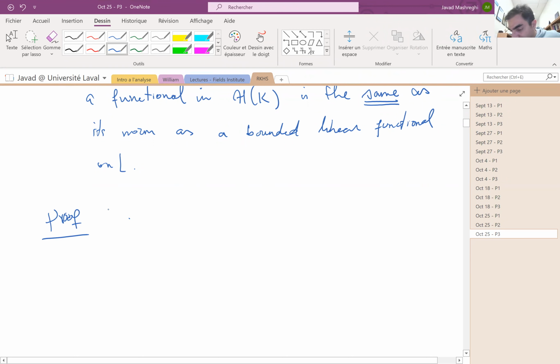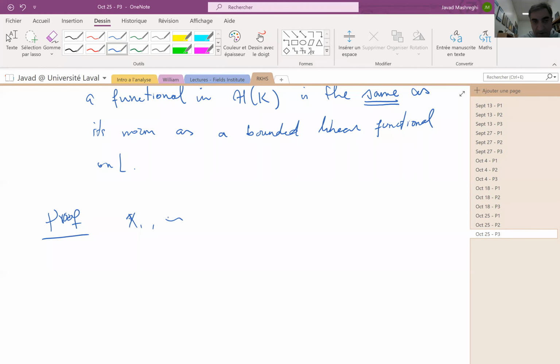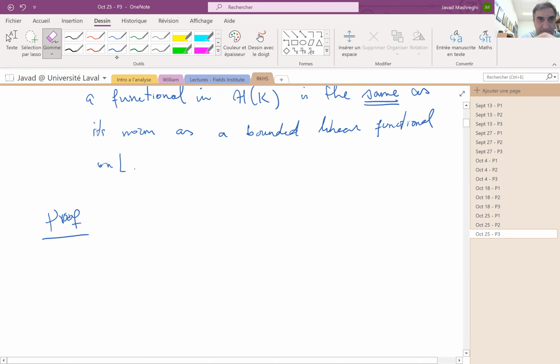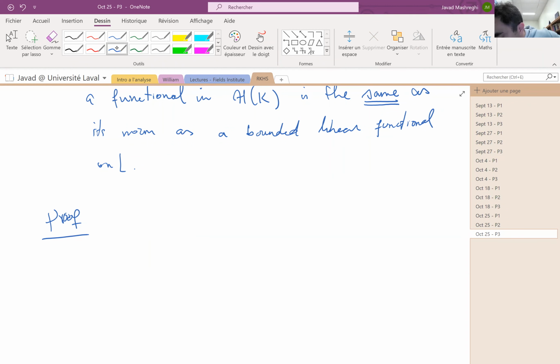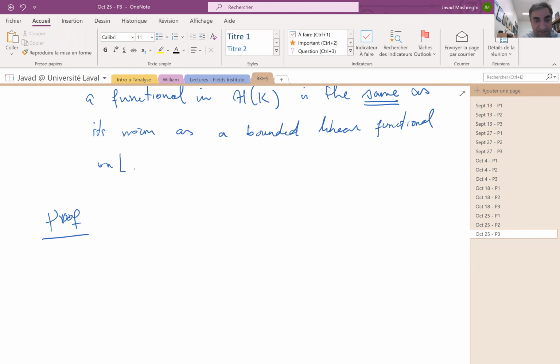If we fix some points, say x1 up to xn, sometimes they write h, sometimes they write x. I want to show that K is positive.